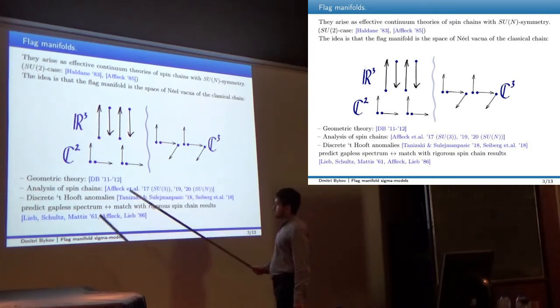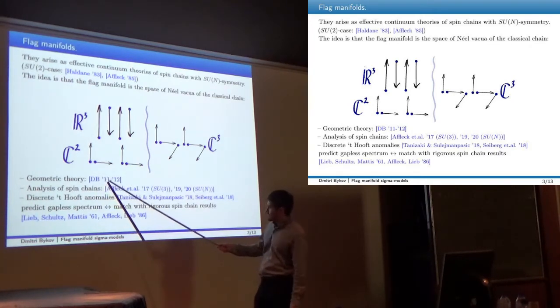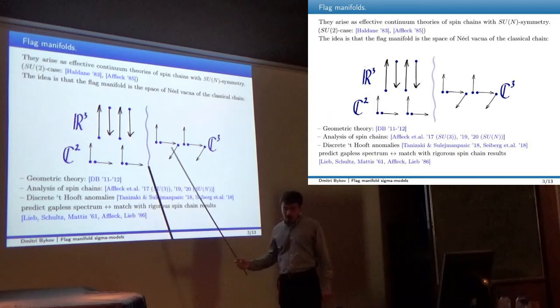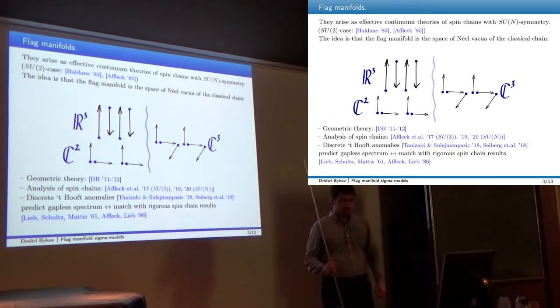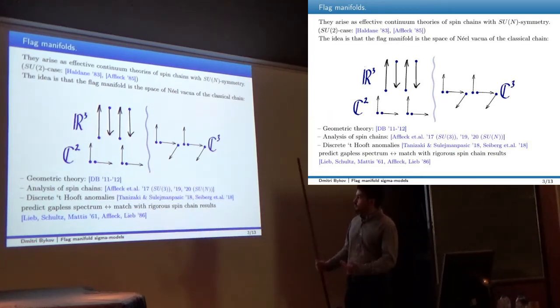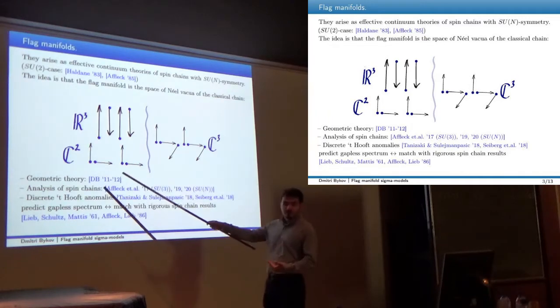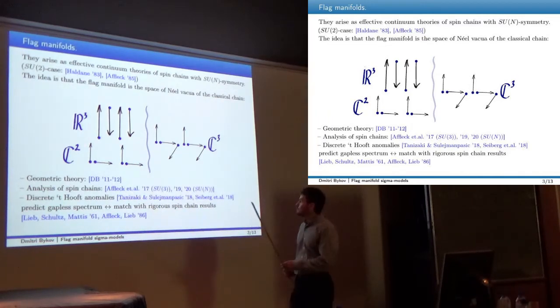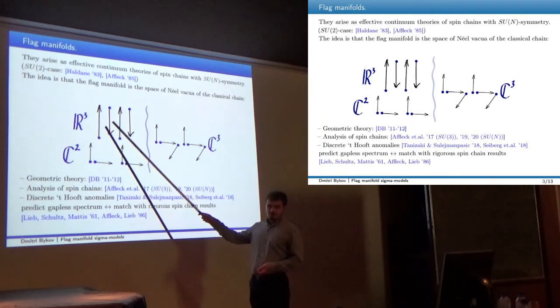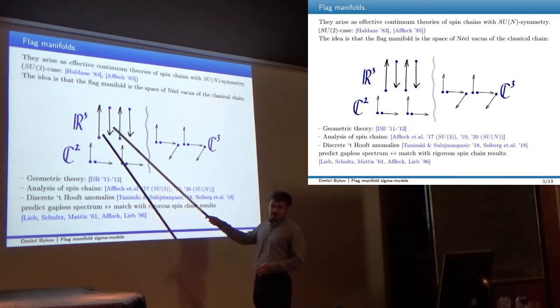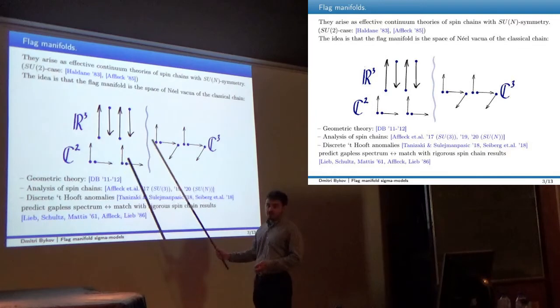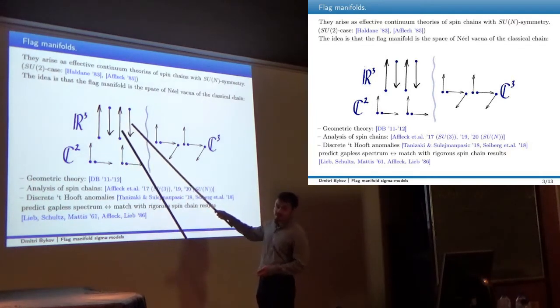I generalized this 8 or 9 years ago to the case of SU(N). And the main point here is why flag manifolds arise, so that as a result I get flag manifold sigma models. The reason is rather simple. If you think about the usual classical Heisenberg chain with unit vectors at each site, then this is the Néel state.